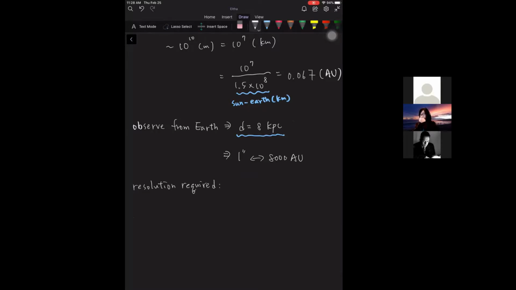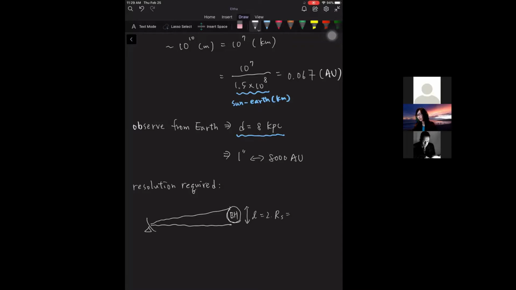Okay, so we are observing a black hole. This object would be the black hole at the galactic center. And to resolve this black hole, the minimum resolution required would be 2 times the Schwarzschild radius, right?